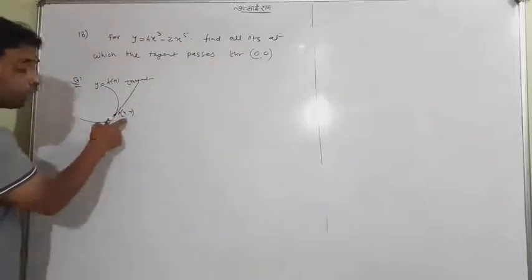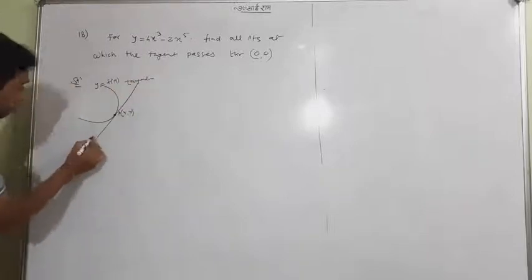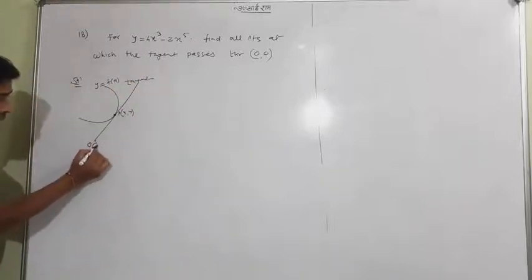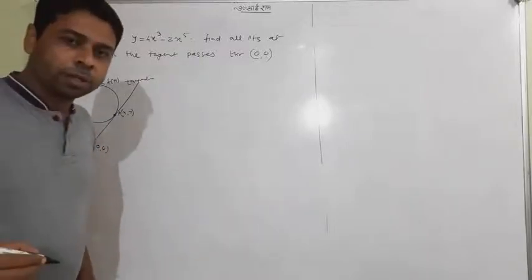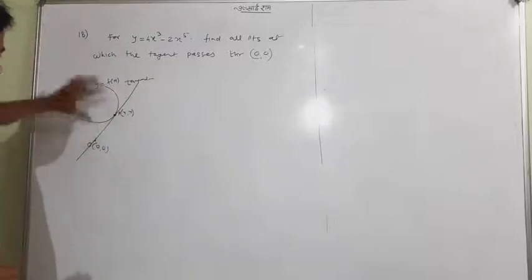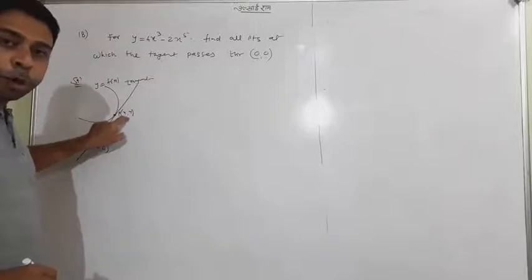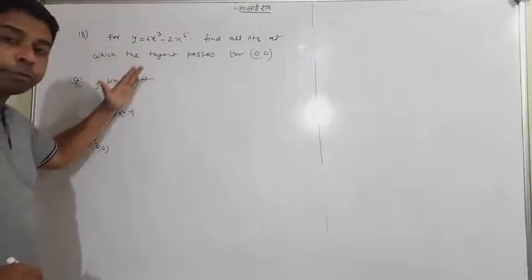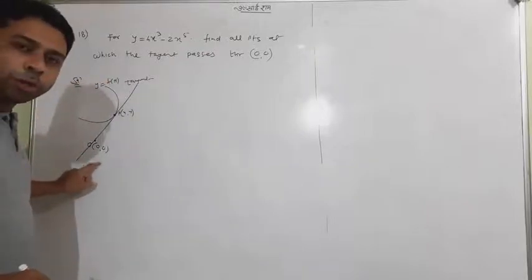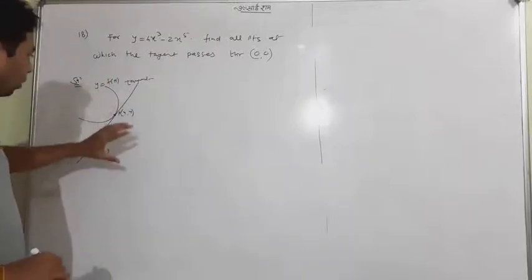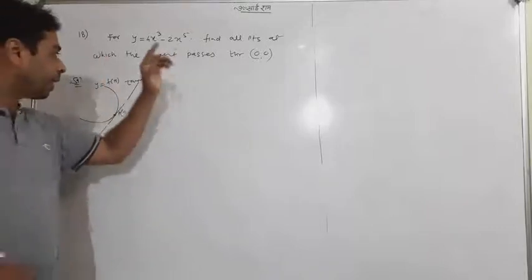We have to find all the points like (x, y) at which the tangent passes through the origin. Very good question. The scenario we have already made here. We have to find the point of contact at which the tangent passes through the origin. So now we just have to find x and y, and only one thing is given, that the tangent passes through the origin.